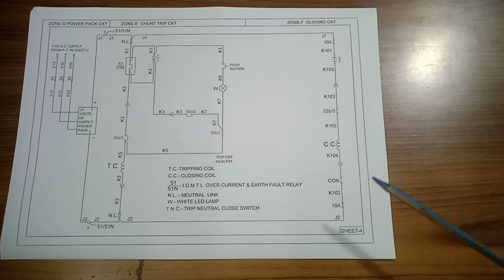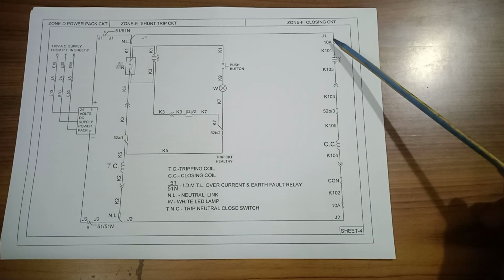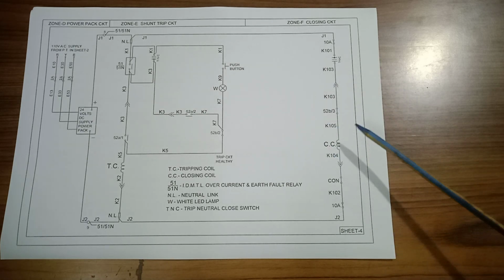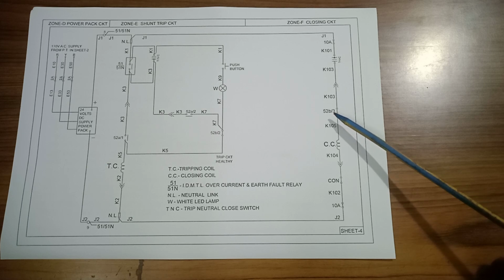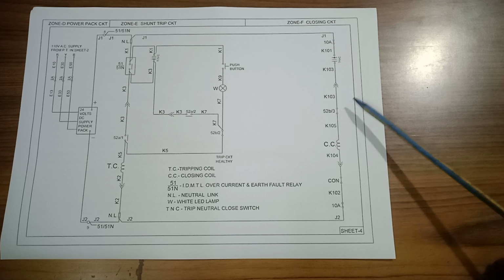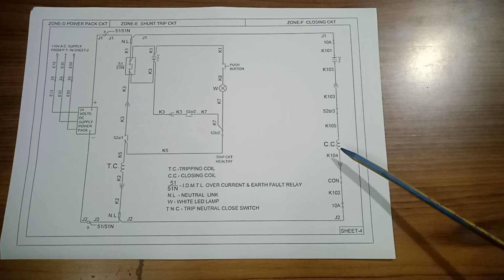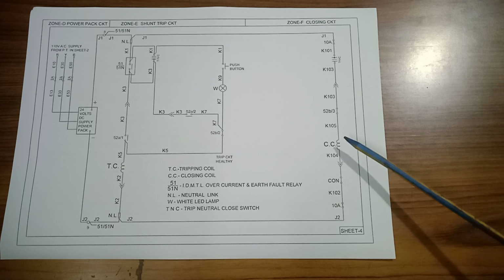And here in the closing circuit, the fuse is there, and when the circuit breaker is on, this 52B is open, and another trigger to close the circuit will be false.